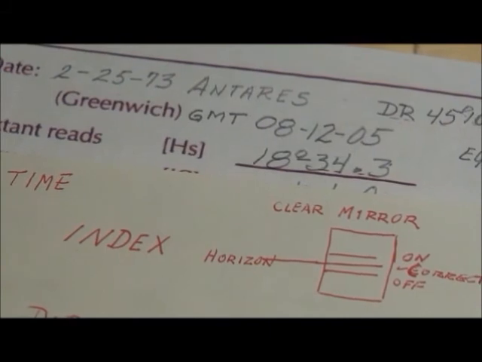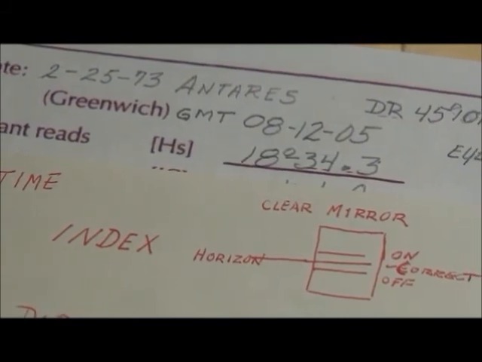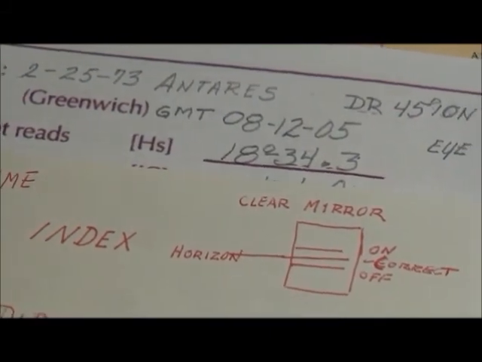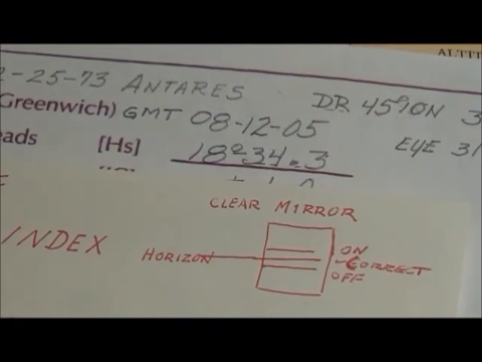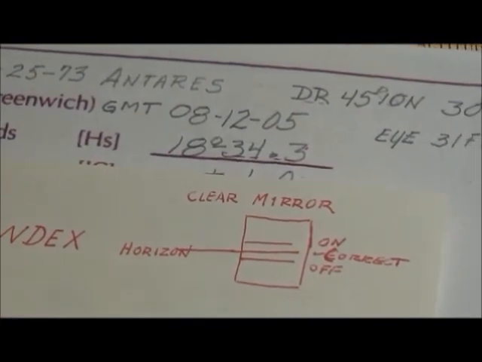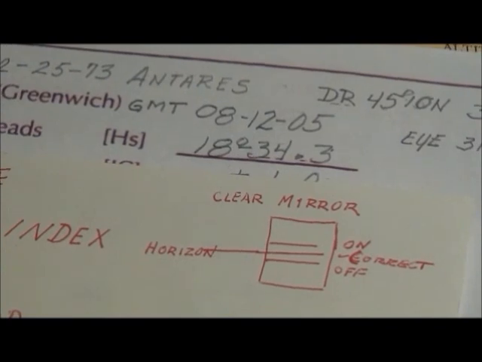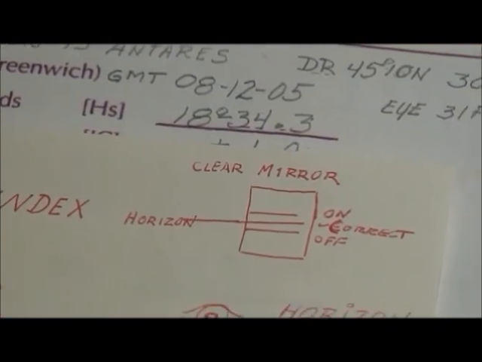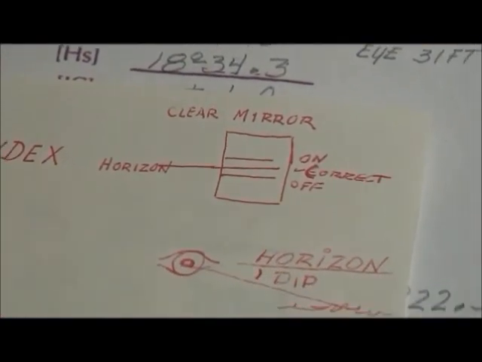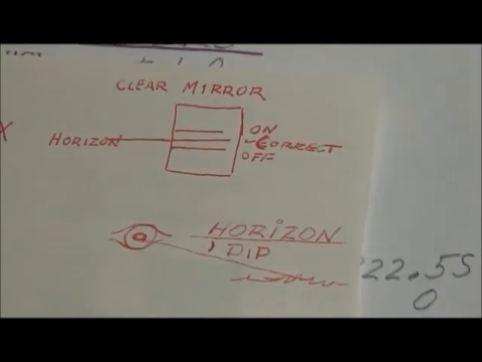Now the next thing you need to know is the height of eye that we're going to call the dip. Now the dip means that you are above the horizon. You're looking down at it.